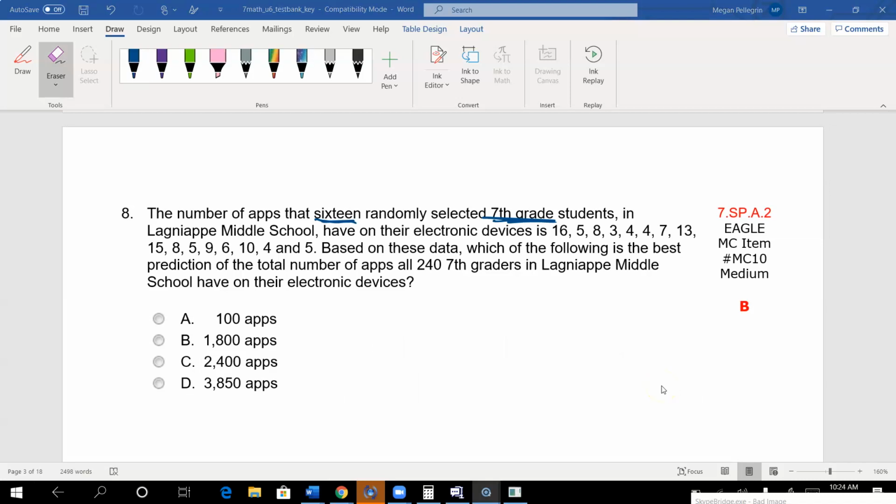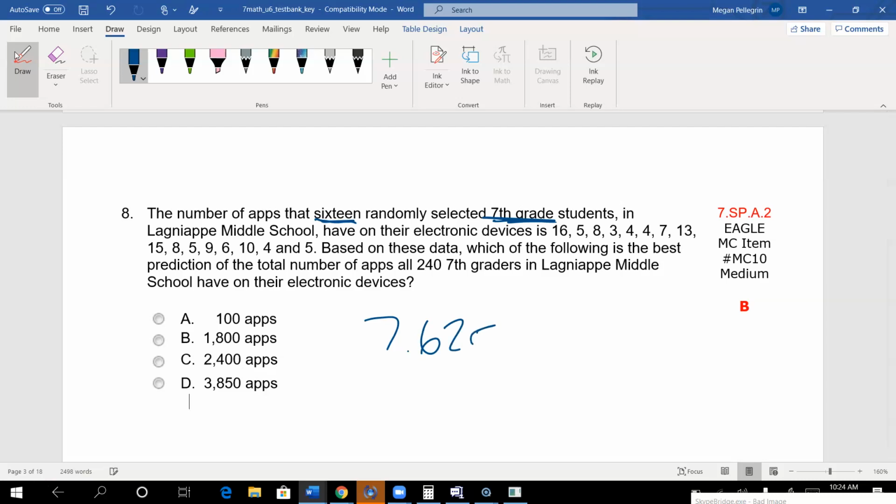Okay. So I said rounding it up to 8. I'm actually just going to leave it as 7.625, 7 and 625 thousandths.